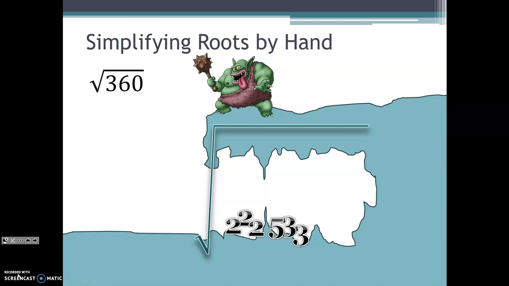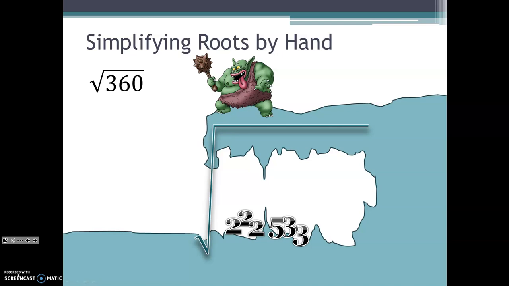But essentially what radical trolls try to do is they try to trap these numbers within their cave. Now, radical trolls, however, are reasonable people. So they are willing to let groups out of their cave, and the group is dependent on what the index is.